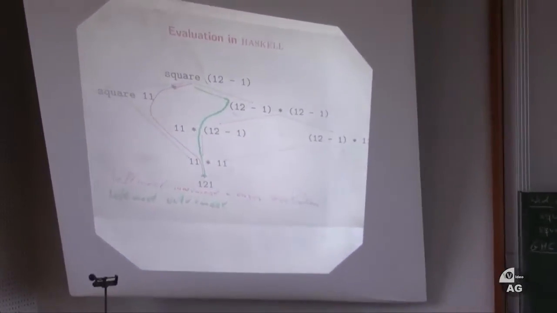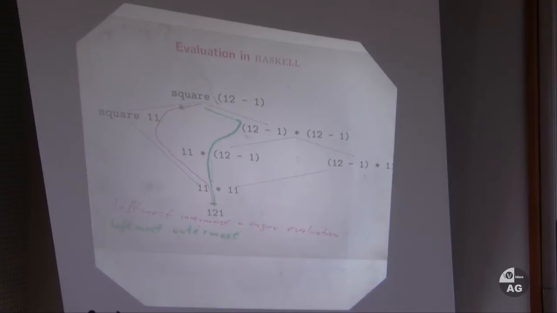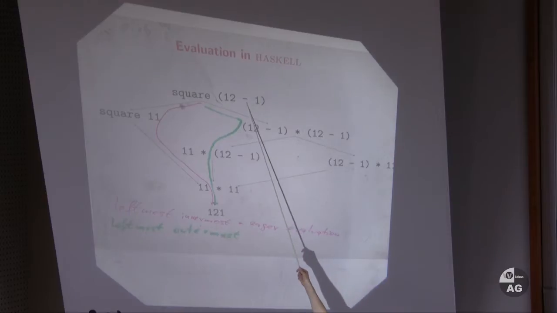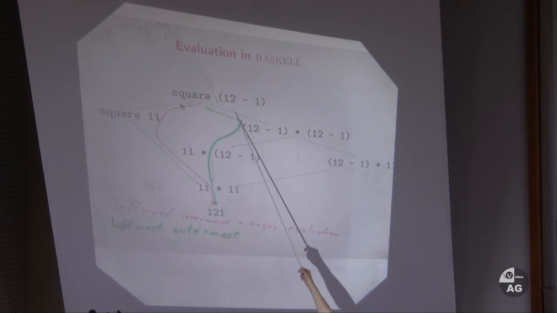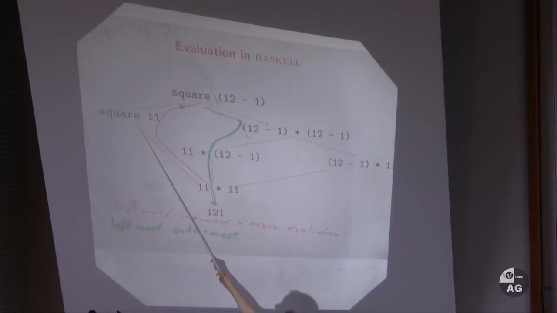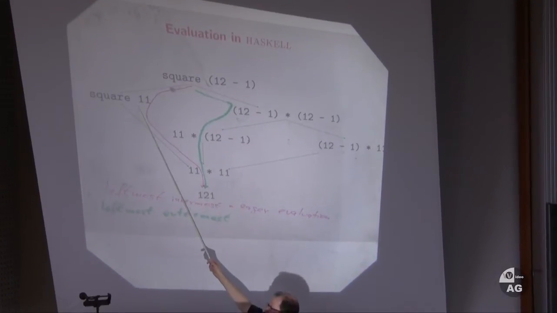The slide describes what we can do if we want to evaluate square of 12 minus 1. One possibility is to start with the evaluation of minus. So we first evaluate this argument, and 12 minus 1 evaluates to 11. Then we get from this expression to this expression.